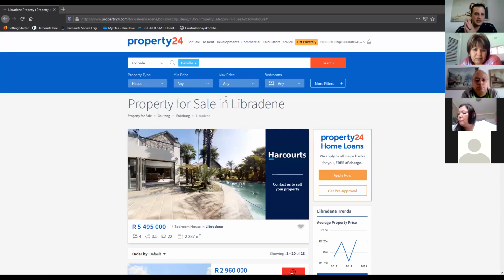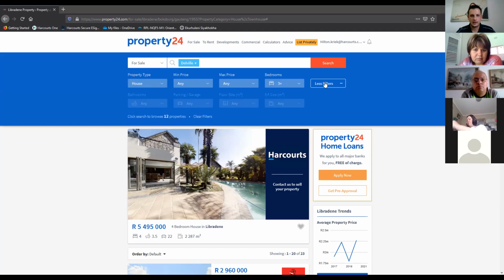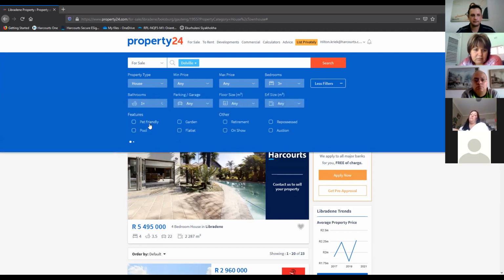Let's say the property we are going to see has got 3 bedrooms and 1 bathroom. And it doesn't have a swimming pool. It doesn't have a flat. It's just a standard little home here. It's got 3 bedrooms, 1 bathroom in Delville.